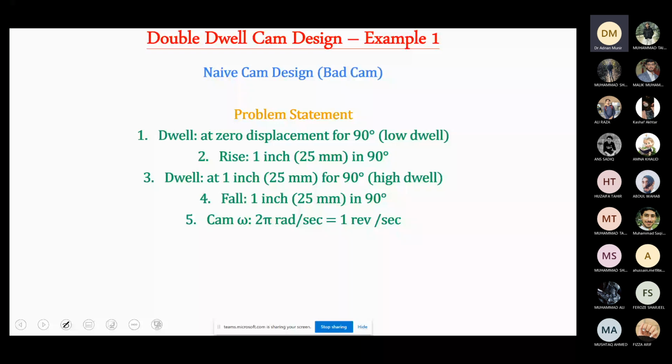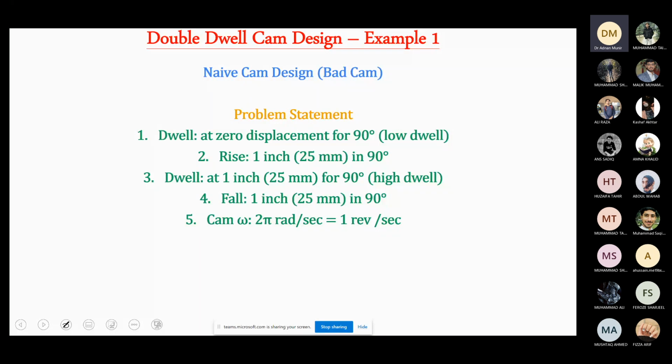That means initially the dwell was from 0 to 90, then from 90 to 180 it is going to be a rise. So this 90 is the delta angle, right? And then we have a dwell again for a delta angle of 90 degrees. That means from 180 to 270 we have a dwell, and the displacement remains constant at 25 mm, and then that is followed by a fall of 1 inch.